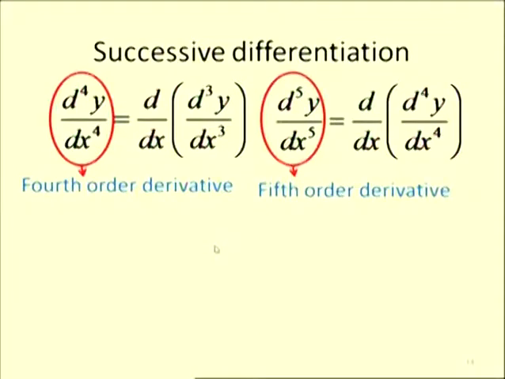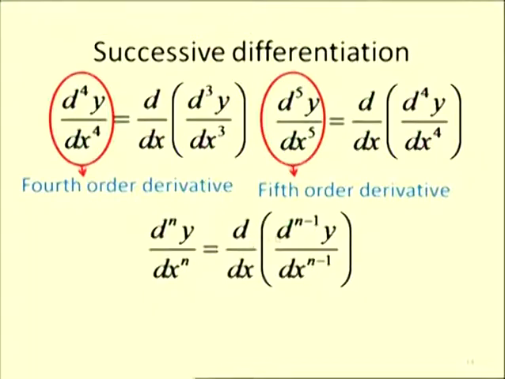In general, if I differentiate any function n times, it gives the nth order derivative. So the derivative of the (n minus 1)th order derivative of y with respect to x is known as dny by dxn, and it is known as the nth order derivative.